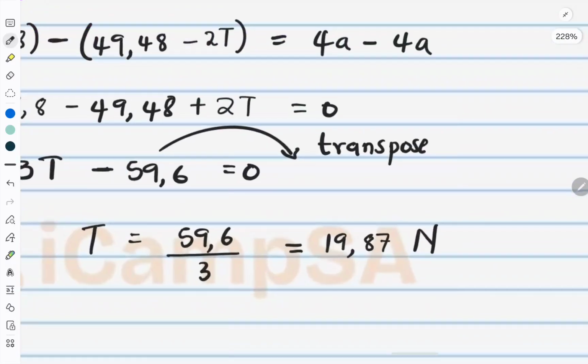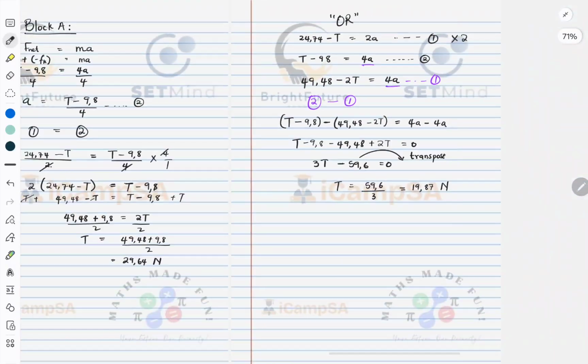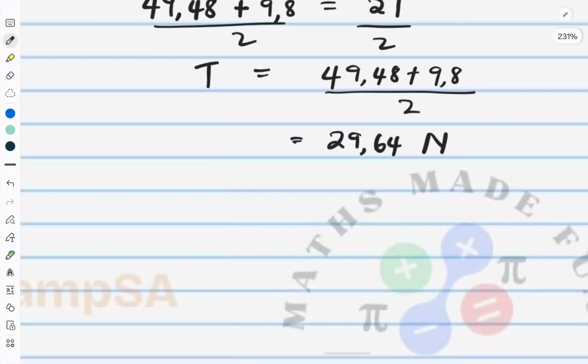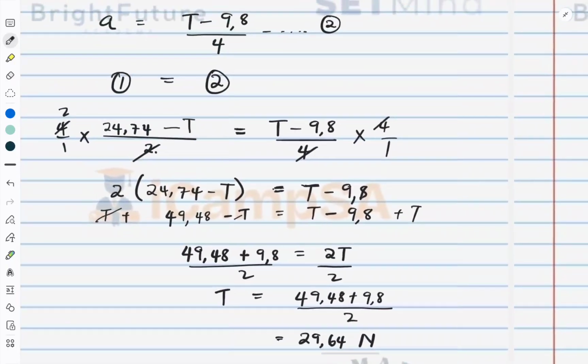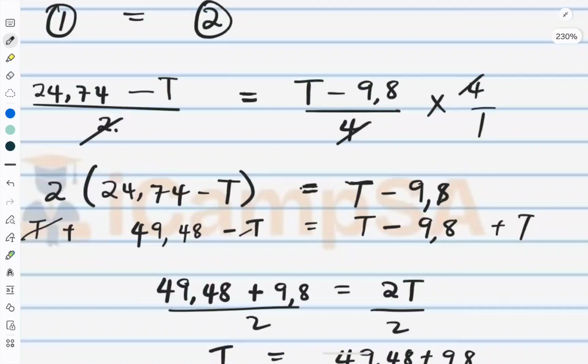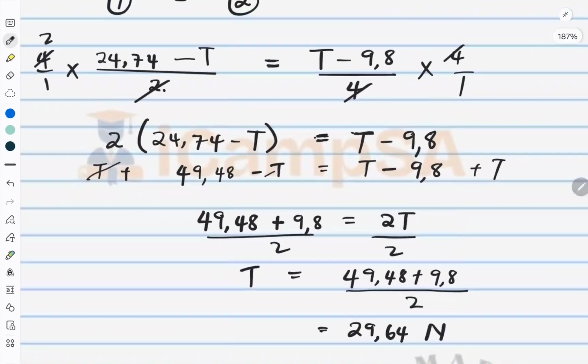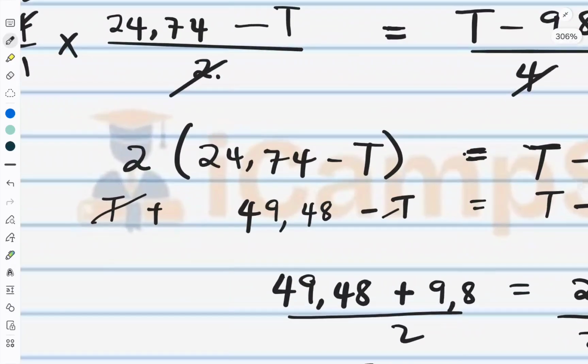So we got 19.87 here, but we got 29.64 here. So it means one of our operations has a mistake. I doubt it's the second one. So let's check this one. Mistakes are everywhere, guys. Don't worry. Don't panic. Oh, yes, I see something here. So when we were multiplying here with 2, we did this one correctly.